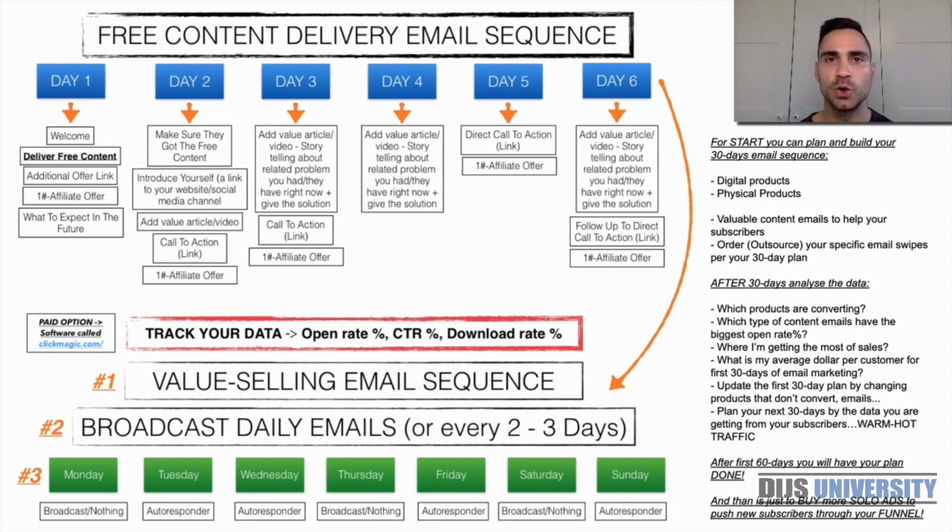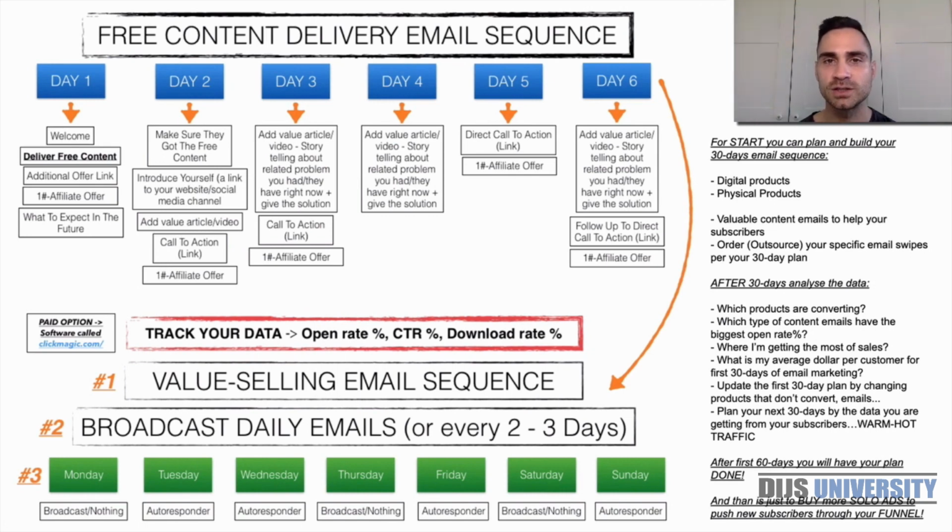So at this stage, you have an average dollar per customer for first 30 days and for first 60 days. So you will know how much you're earning per customer on average for the first 30 days and for the first 60 days, which is really important. And at that stage, you will know exactly for the first 60 days, so 2 months, how much you can spend for one lead, so for new subscribers, and how much you are earning per subscriber in the first 2 months on average.